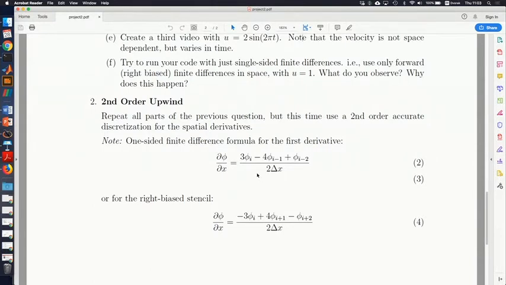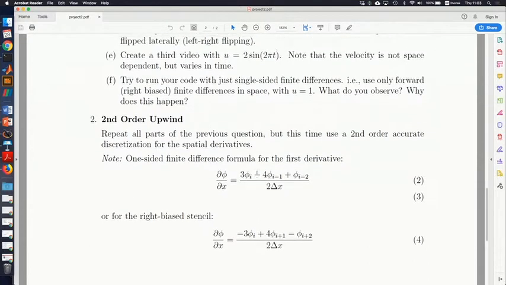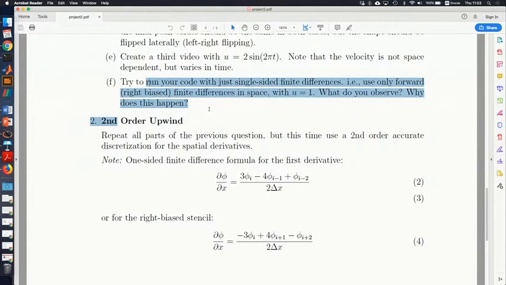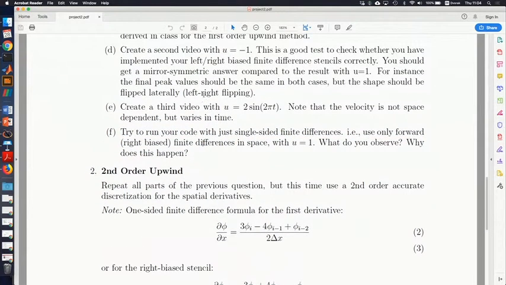Anything else? For part F, I guess it's downwinding, so it's going against it. Do you want us to write out the whole error calculation to show if it's unstable? Okay, so part F is, just run any of the cases above with downwinding, so the wrong stencil.